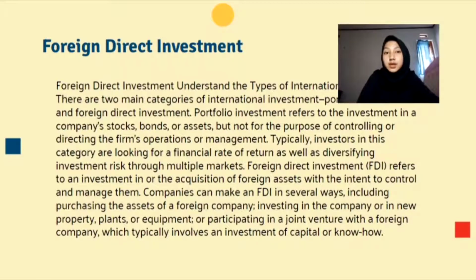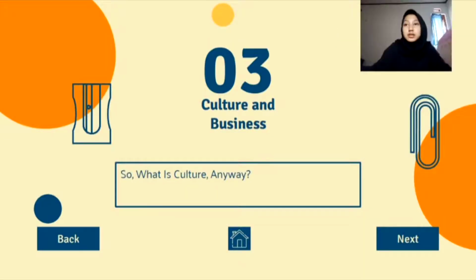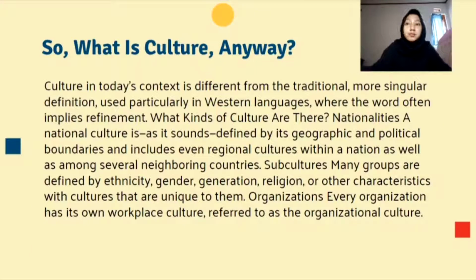Chapter 3: Culture and Business. Culture in today's context is different from the traditional, more singular definition used particularly in Western languages, where the word often implies refinement. What kinds of culture are there? Nationalities. A national culture is, as it sounds, defined by its geographic and political boundaries and includes even regional culture within a nation as well as among several neighboring countries.